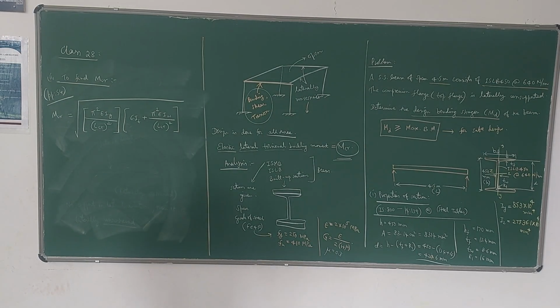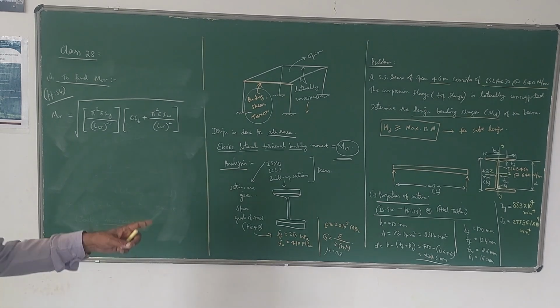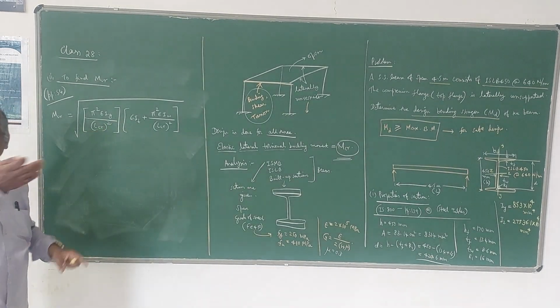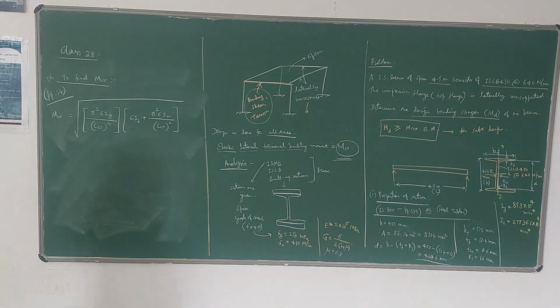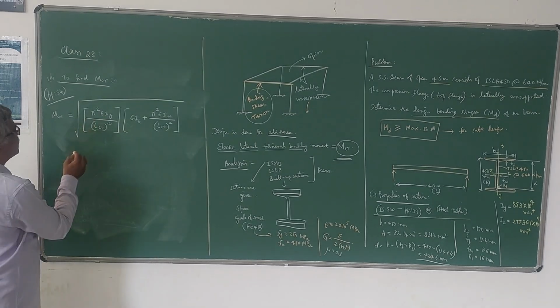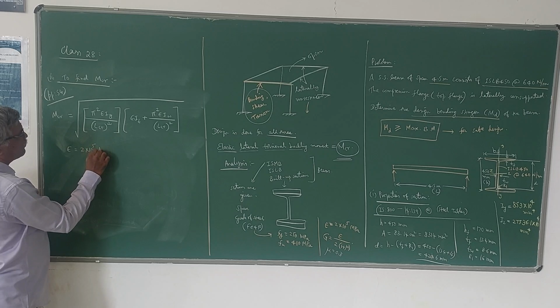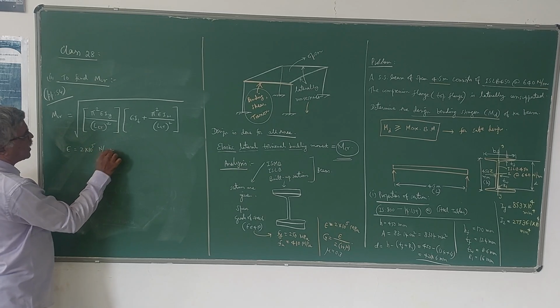So now we have to substitute. We have to substitute IY. LLT is nothing but your span, 4.5 meters. Now I write the E value, which is 2 into 10 power 5 Newton per mm square or MPa.